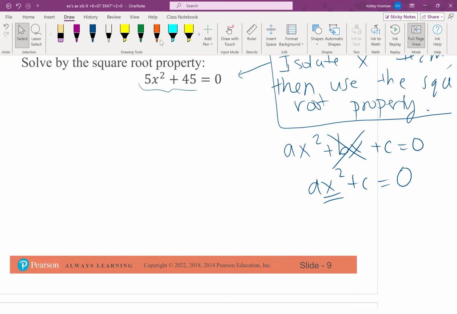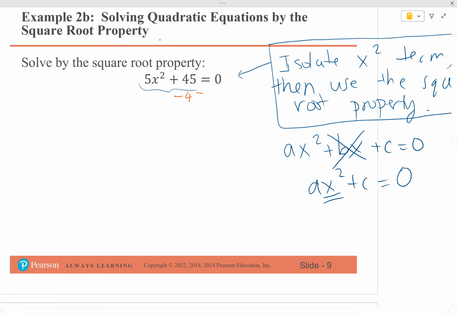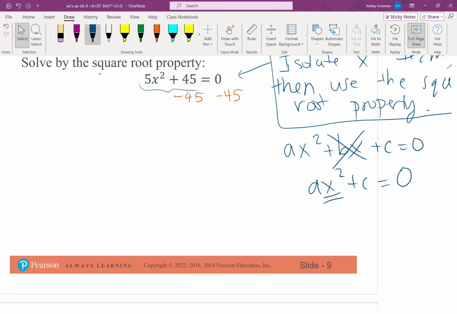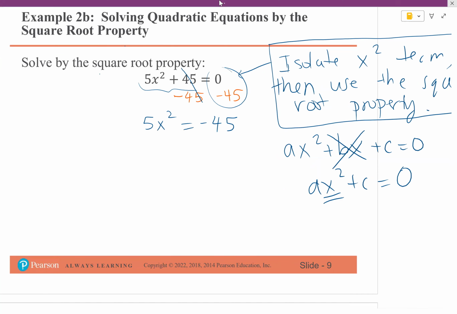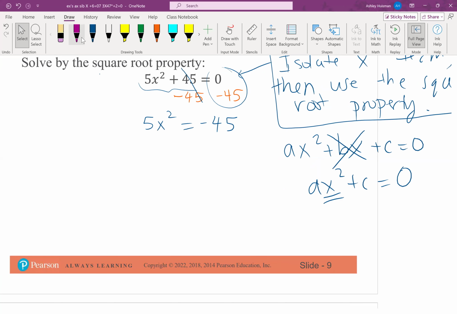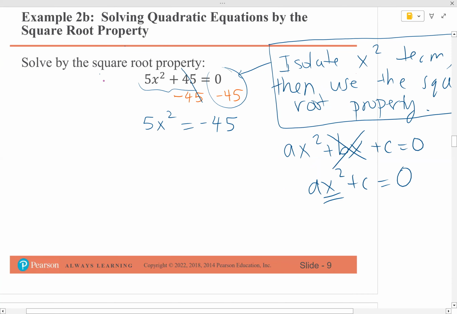All right, I'm going to try to isolate x squared. Let's see, subtract 45 from both sides. There we go. Then I have 5x squared is equal to, now 0 and negative 45 obviously is negative 45. And now I don't quite have x squared isolated.